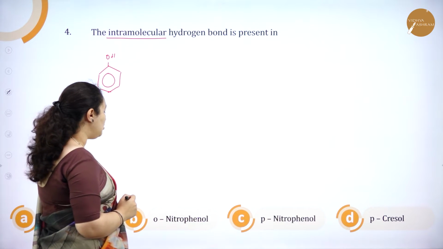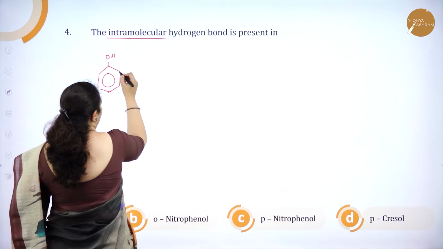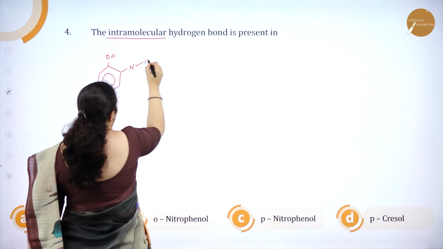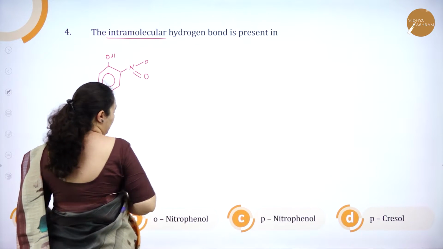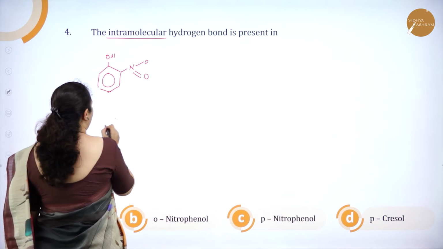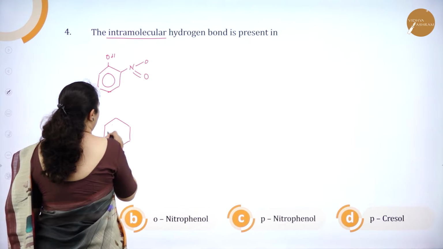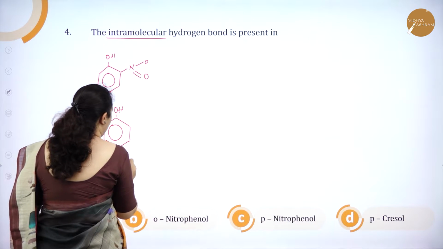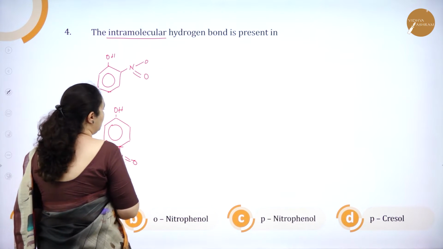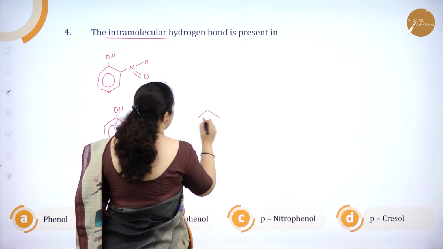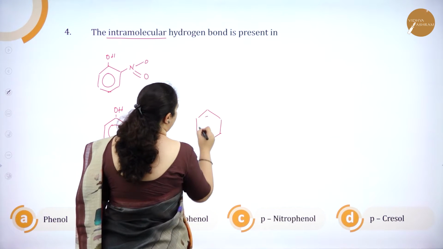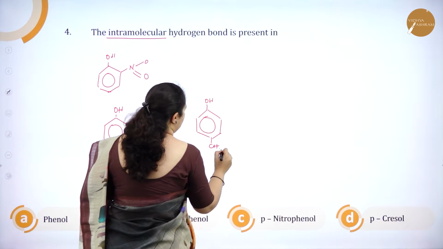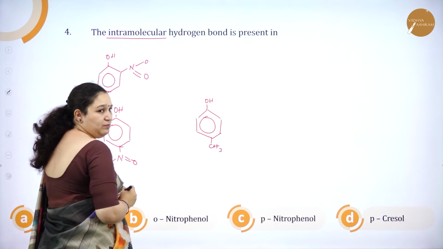Next we have orthonitrophenol, that is phenol with an NO2 group in the ortho position. Then we have paranitrophenol, phenol with an NO2 group in the para position, and we have paracresol, that is OH with a CH3 group in the para position.